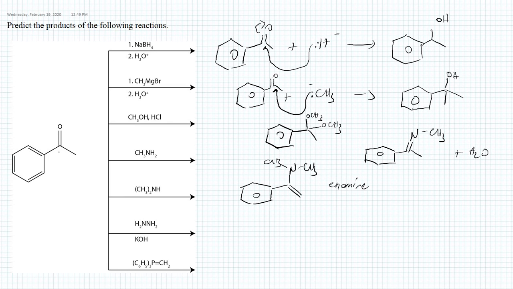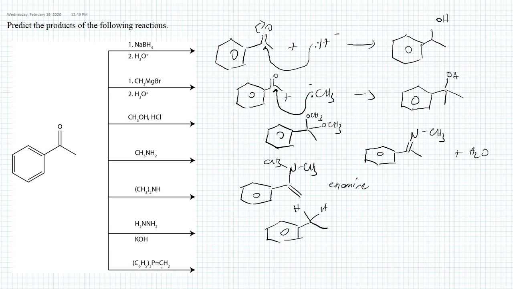So we are going to introduce two carbon-hydrogen bonds here. So let's write the product here. We have here two new carbon-hydrogen bonds. So this reaction is called the Wolff-Kishner reaction.